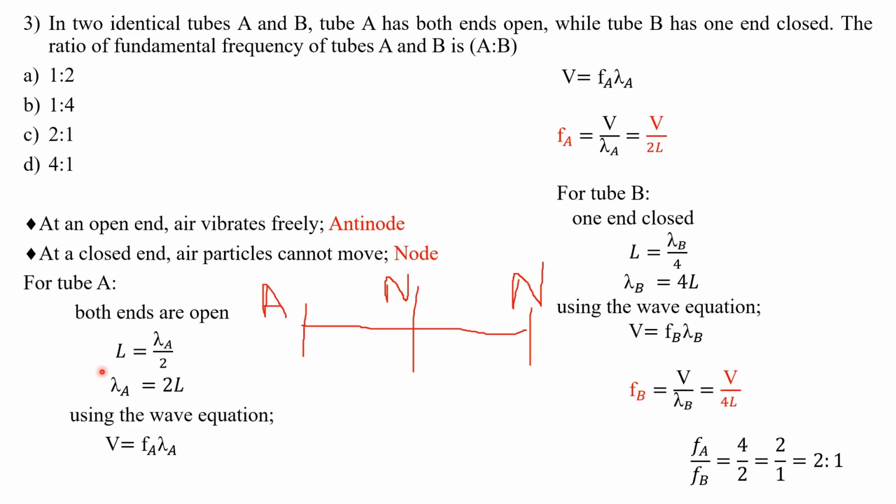Using the wave equation as previously, we can find the FB value by using V divided by lambda B. We know the lambda B is equal to 4L. Then we can take FA divided by FB to get the ratio of FA and FB. Then we can finally get the answer as C.